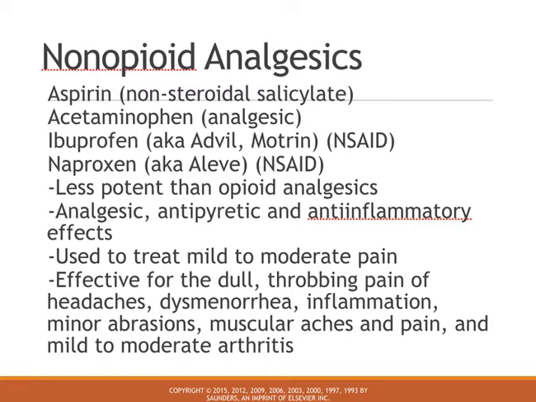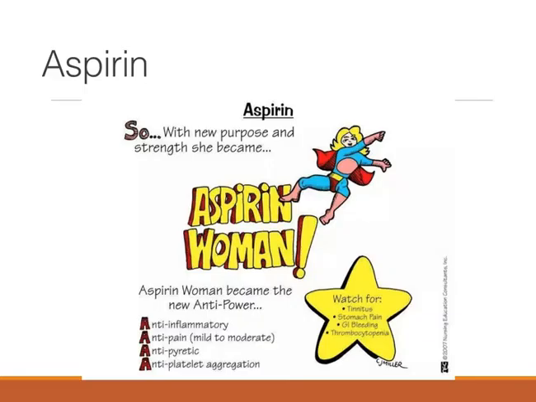mild to moderate arthritis. Just a few reminders with aspirin. Watch for stomach pain, which can progress to a GI bleed, tinnitus, and thrombocytopenia. Thrombocytopenia is low platelet counts.